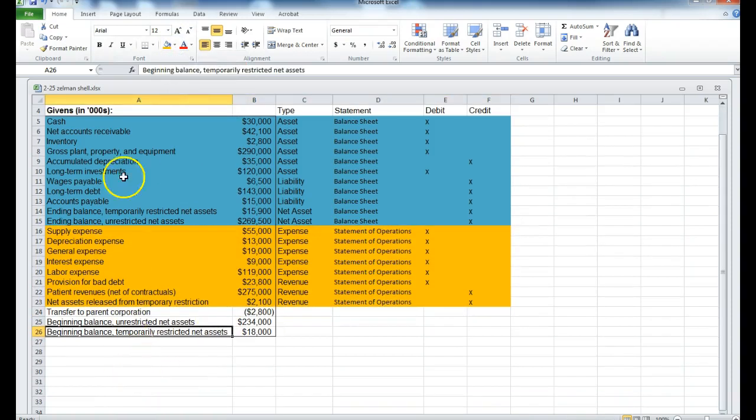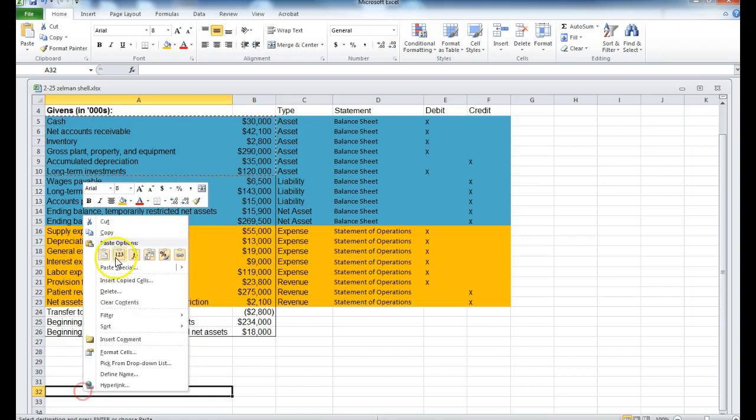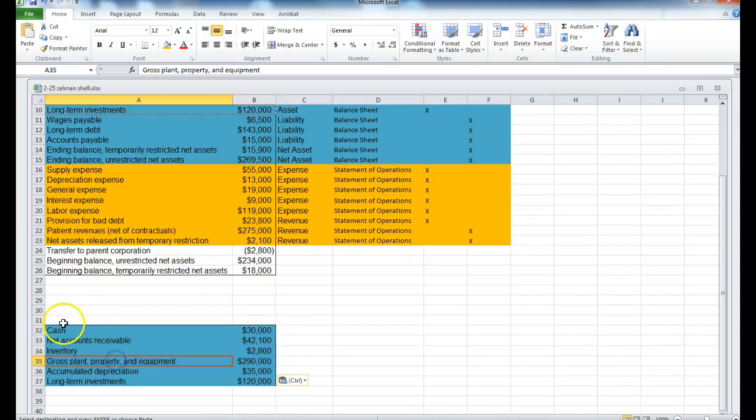All right, so let's do our assets. Copy, let's paste that down here. Get rid of the color.